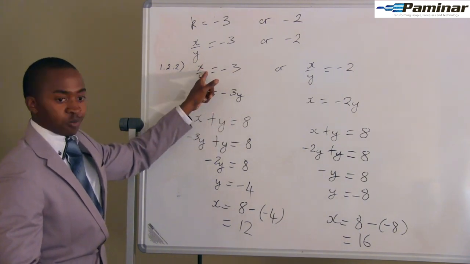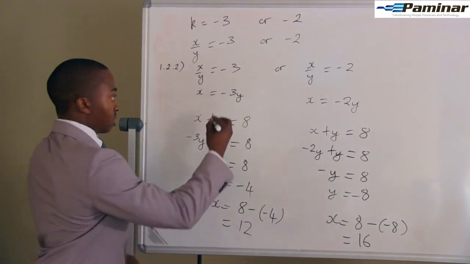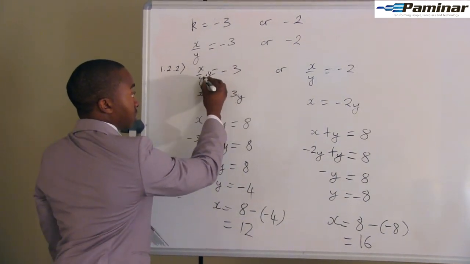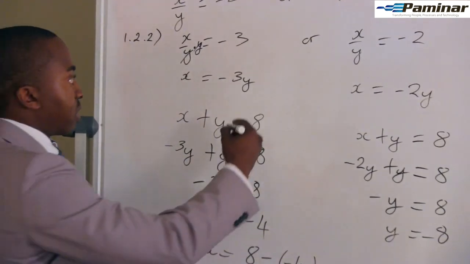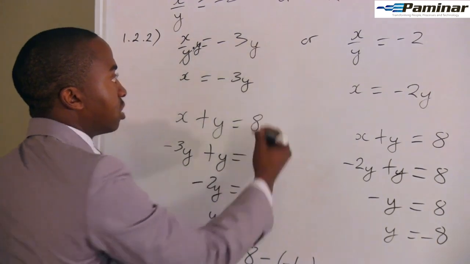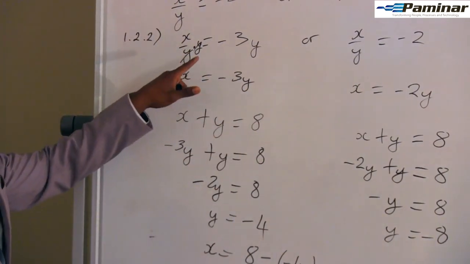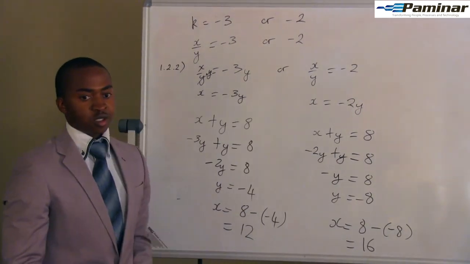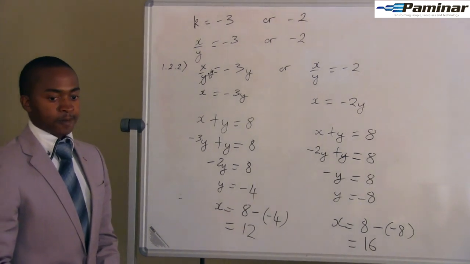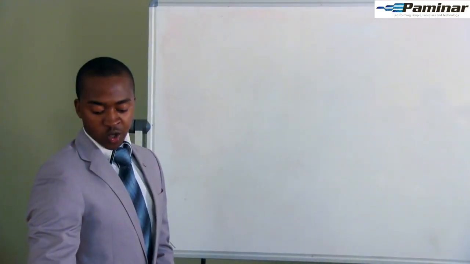And you do that by multiplying this side by y in order to cancel that y, right? But whatever you do on the left-hand side, you do on the right-hand side. This will become minus 3 times y. So that becomes x is equal to negative 3y. Then that's the same thing we did. Okay, so that's question 1 done.